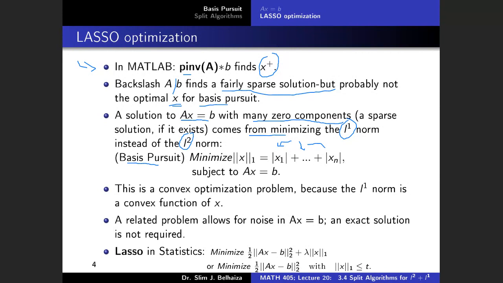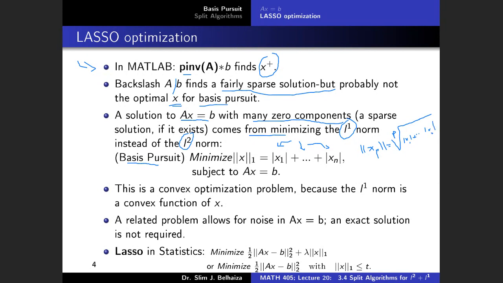Okay? So this is the norm. In general, when we talk about the norm P of x, it's in fact the pth root of the sum of the absolute values of the entries here. Okay? So when you talk about the L2 norm, you're talking about P equals 2.